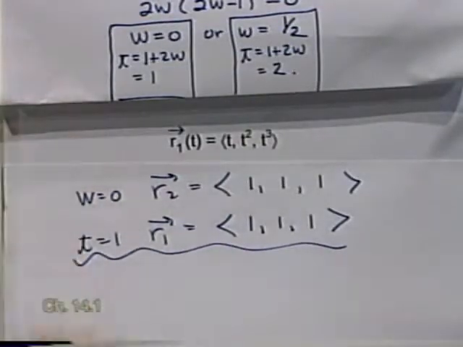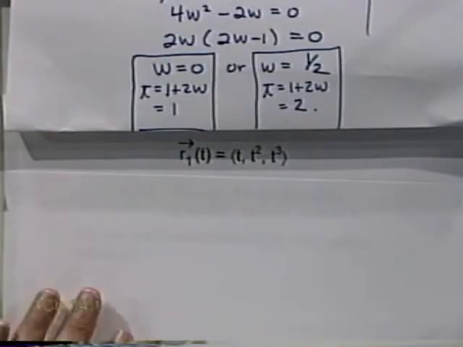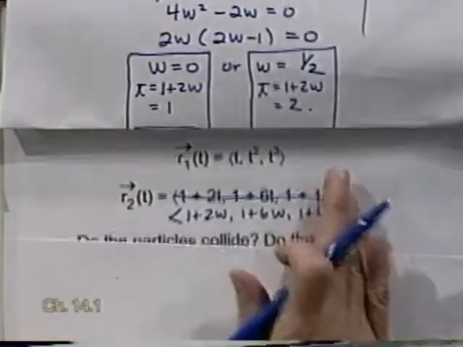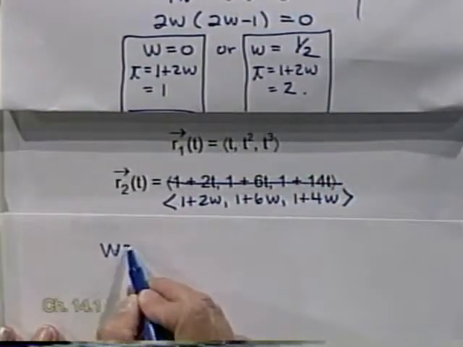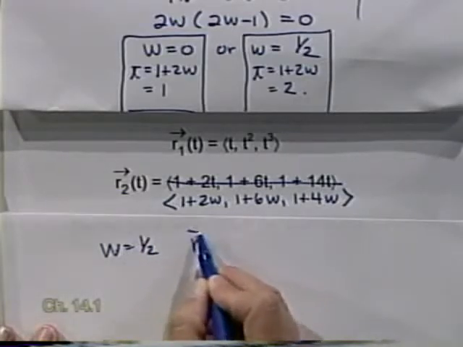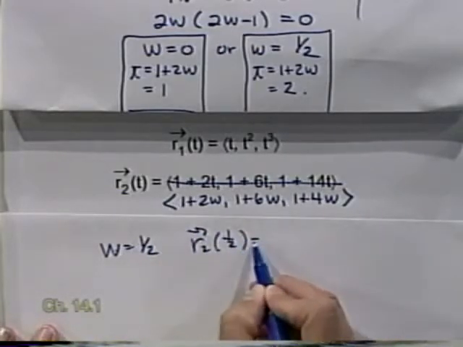The paths intersect. Vice versa, we also had w equals 1/2 and t equals 2. Let's check that. If I let w be 1/2, R2 of 1/2 is the point.